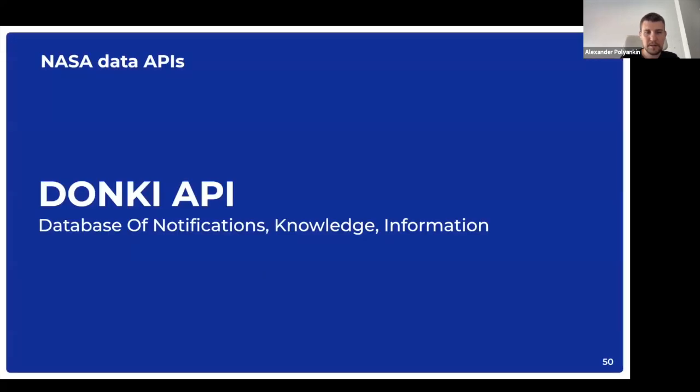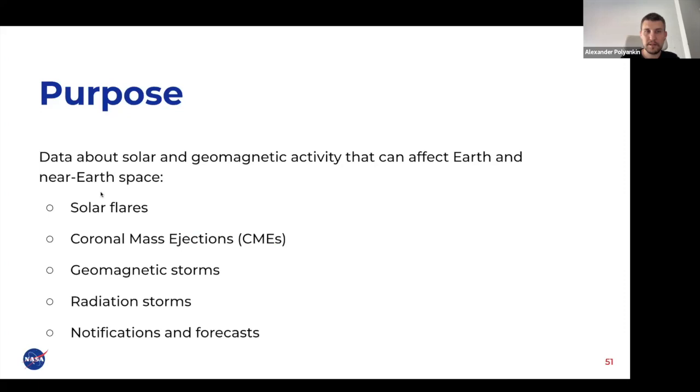The next API is called DONKI, and it's an abbreviation for Database of Notifications, Knowledge, and Information. So it doesn't mean much. So this is actually about solar and geomagnetic activity that can affect Earth or near Earth space.